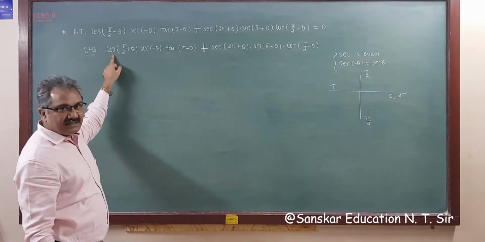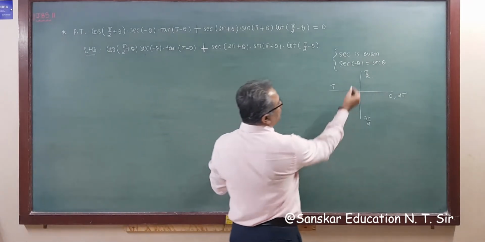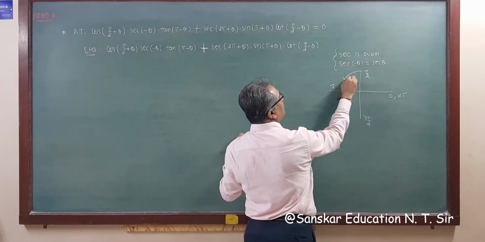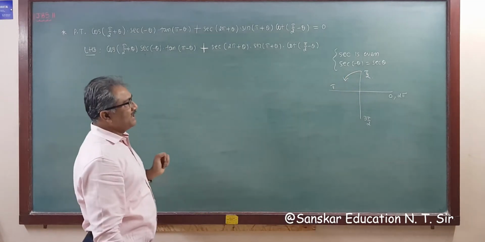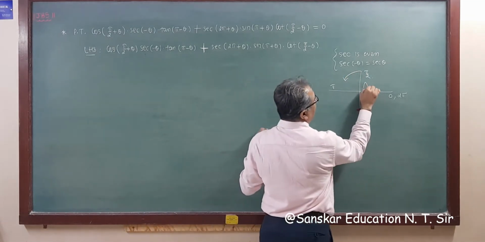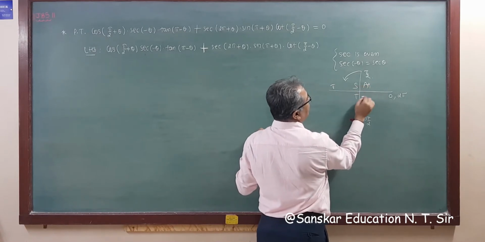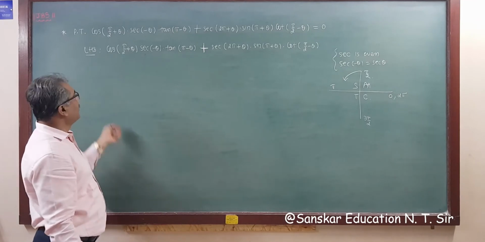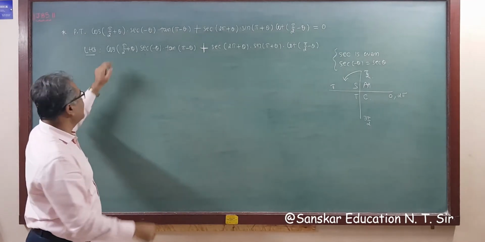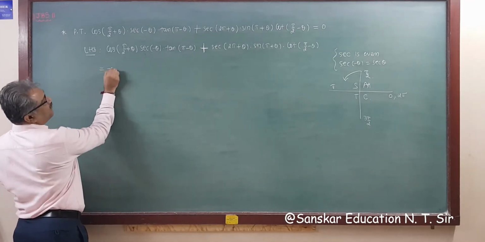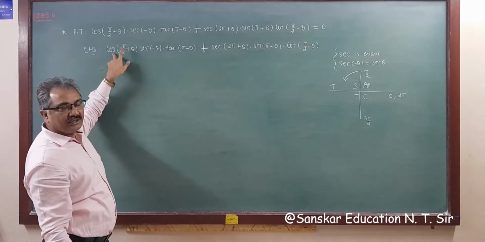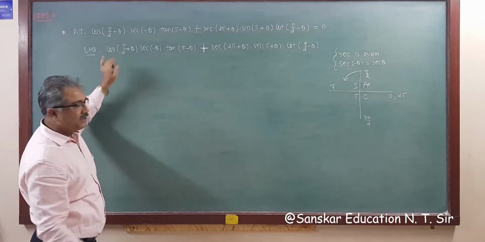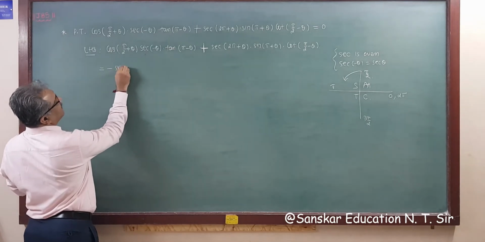This becomes sine. And pi/2 plus theta is in the second quadrant. In the second quadrant, by ASTC, sine is positive, but cos is negative, so the answer is minus, and it changes because it is a multiple of pi/2. So the answer is minus sin theta.